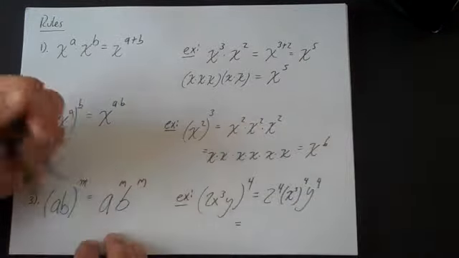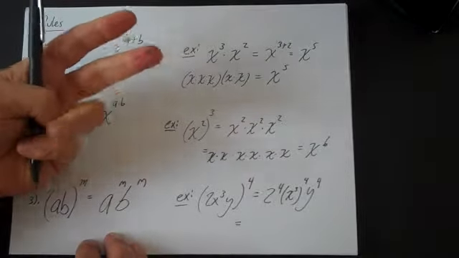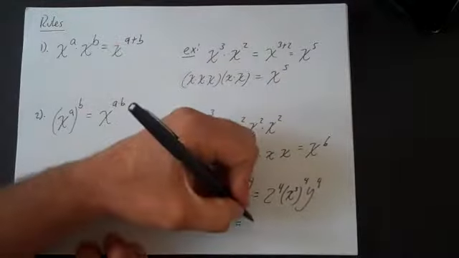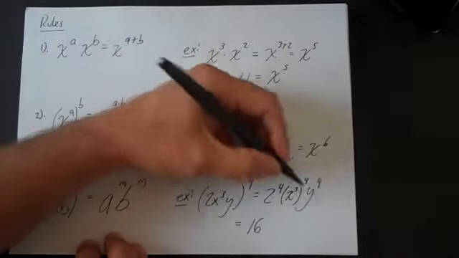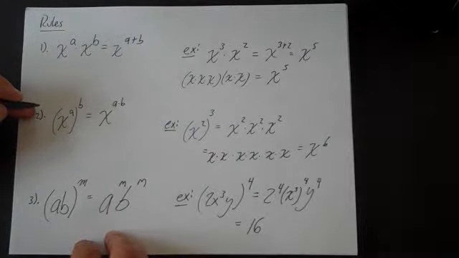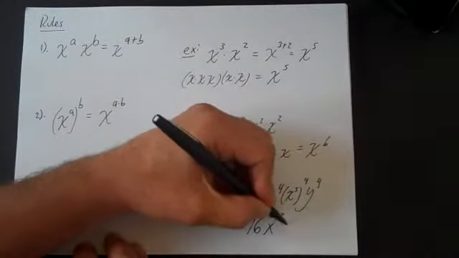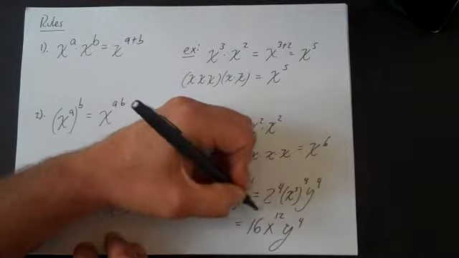Two to the 4th is 2 times 2 times 2 times 2. 2 times 2 is 4, times 2 is 8, times 2 is 16, so that's simply 16. Now, x cubed raised to the 4th, we use rule number 2. So that's x to the 3 times 4, that's x to the 12th. And y to the 4th is just y to the 4th.